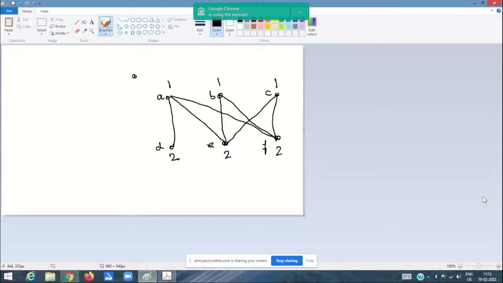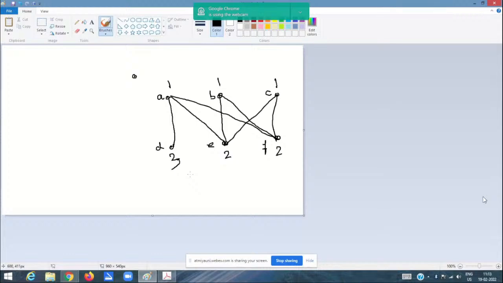So what I do now is, instead of having this 2, suppose I give color 3. So I change it to 3. Now every vertex will have the dominator property. Already A, B, C have the dominator property. If you look at B, it is adjacent to all the vertices with color class 2, so B has the dominator property. C has the dominator property.